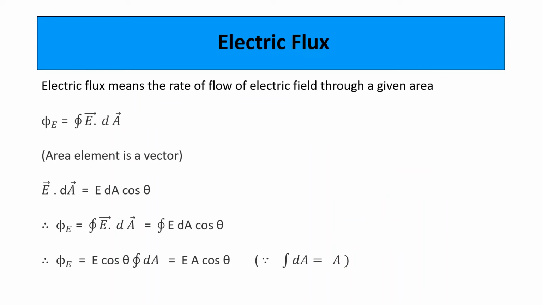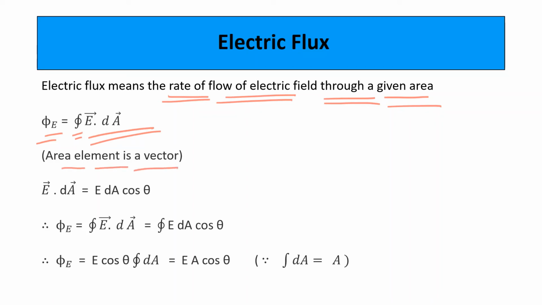We learned electric flux. Electric flux means the rate of flow of electric field through a given area. Phi E is equal to closed integral E dot dA. Area element is a vector quantity. What is the dot product E dot dA?